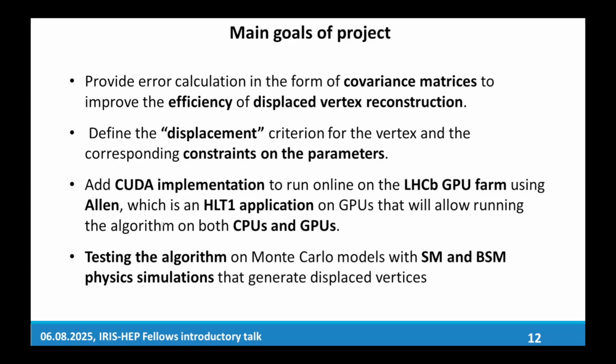And of course, at the end, we need to test the algorithm on Monte Carlo simulations using the standard model and beyond standard model physics that can generate these displaced vertices.